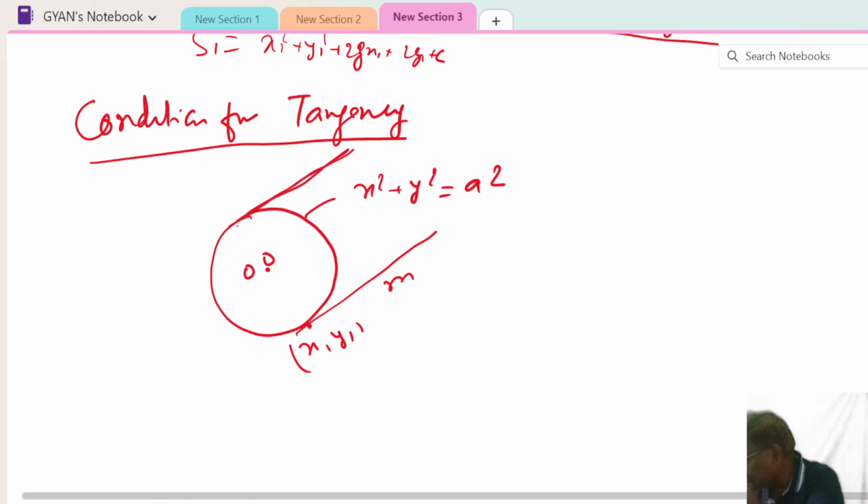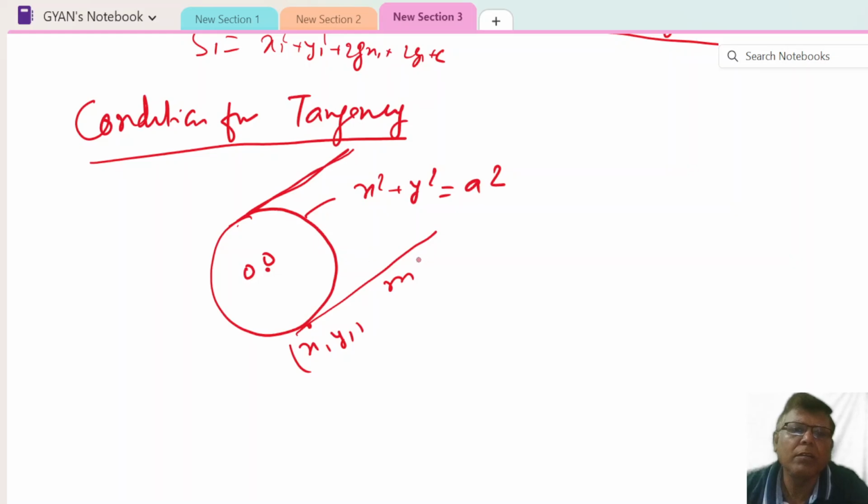Then the equation of the tangent, and the general equation of this line is y is equal to mx plus c, that we have taken.